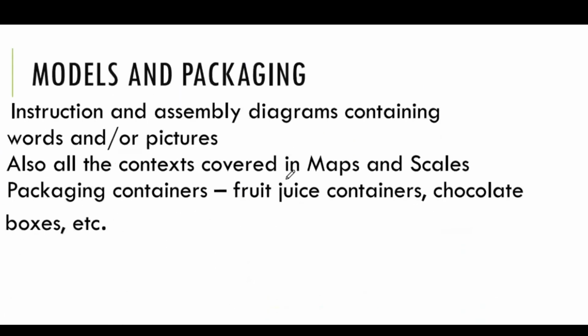Then we have what we call models and packaging. This comes in question either 5 or 4, but mainly probably 5. This is question number 5. Here we shall look at packaging and assembly. For packaging, we find out how many items fit on the long side and how many items fit on the short side.